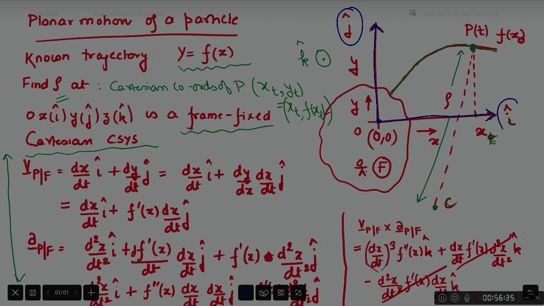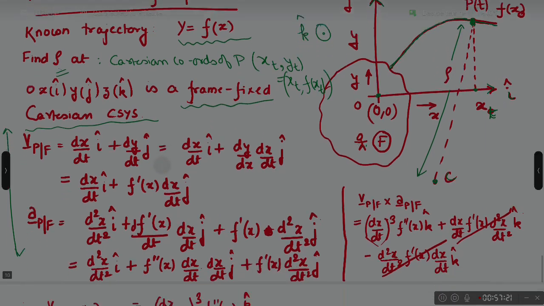The unit vectors are I and j, and I and j are fixed in F. This is the trajectory of the particle. We know the equation of this curve. This is the current location of the particle. My interest is to find out the radius of curvature. This is the local center of curvature of the particle at this time instant, and I want to know rho. So this derivation is about finding the local radius of curvature under the conditions I have mentioned.